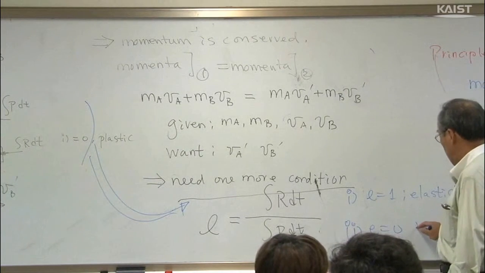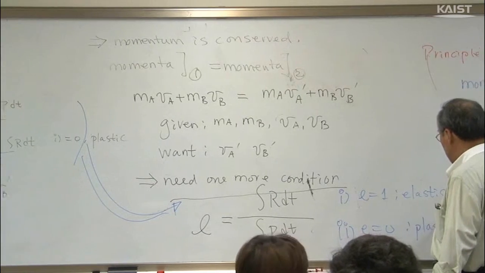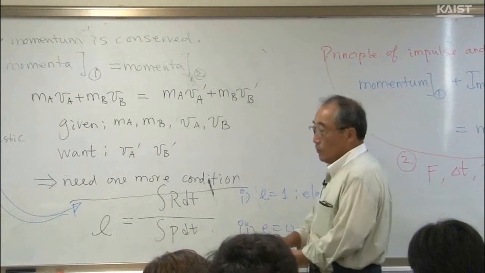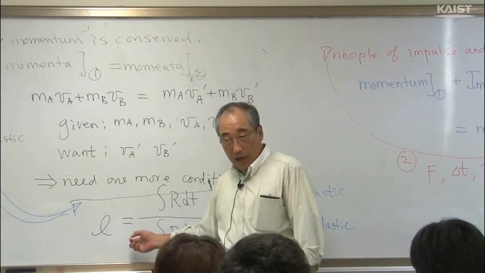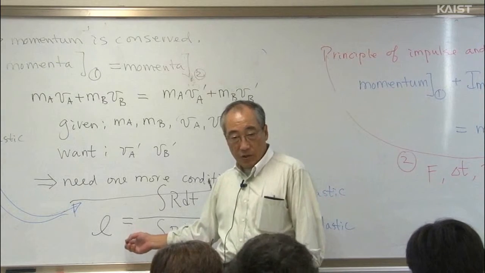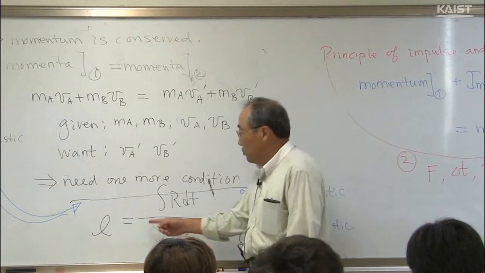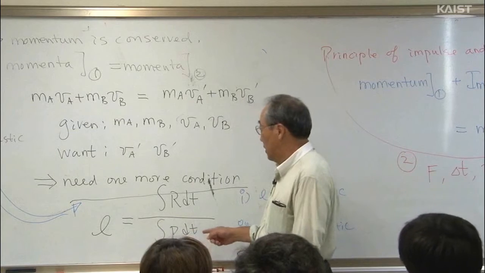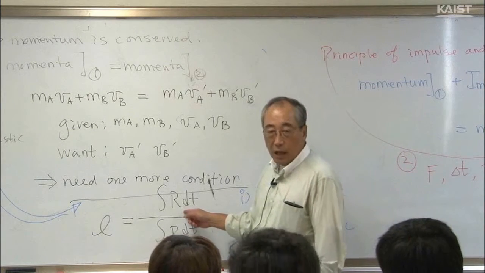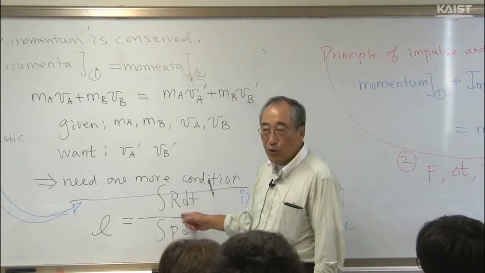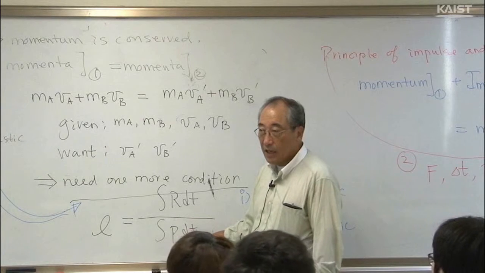So if it's 0, then it is plastic. So can we solve it, because we have one constraint? No, we do have one constraint, but it brings another two unknowns, R and P.